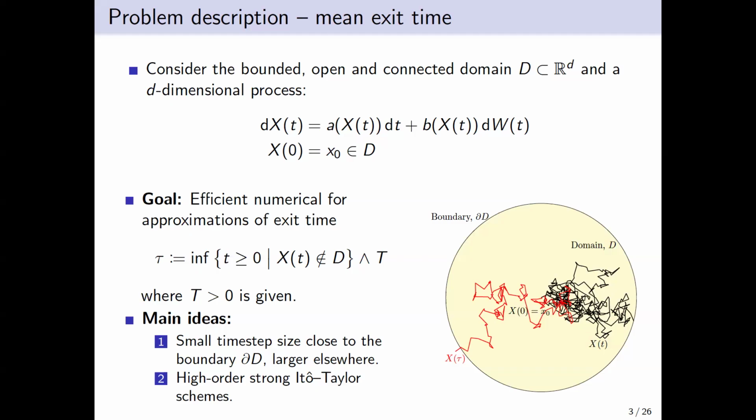You can use smaller time steps when you're close to the boundary than when you're far away from it. But the additional idea that we use is that we also increase the order of the numerical method. So we use a higher order method in combination with adaptive time stepping. That combination seems to be necessary, but I will make some remarks about that later. It's not completely clear, but at least it works.